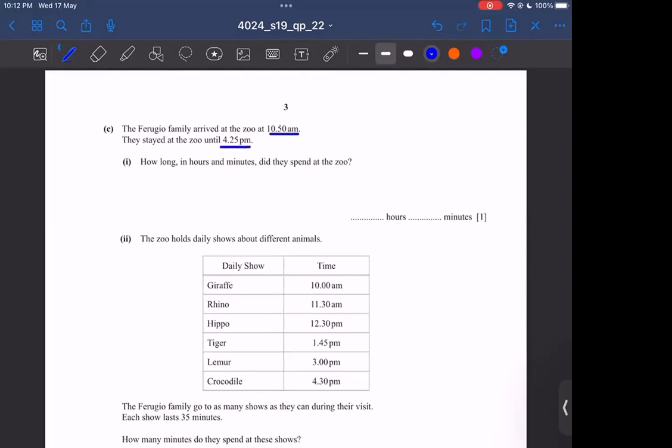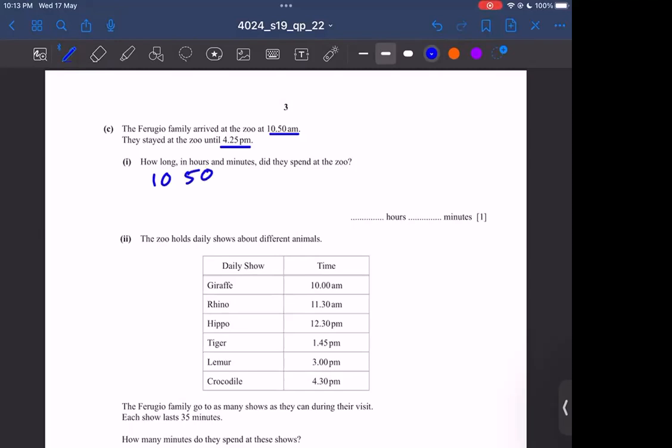So 10:50, you can just count it on your fingers as well. You can just write 10:50 becomes 11:50, 1 hour, 12:50, 2 hours. Or you can just do the working over here. If it is 10:50, I'm writing AM. 10:50 AM can be written in 24 hour format like this: 10:50.